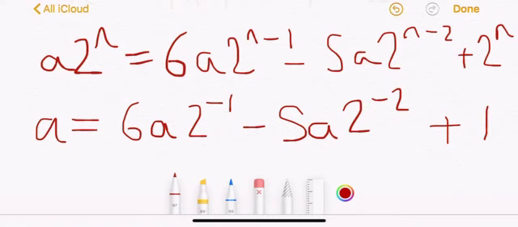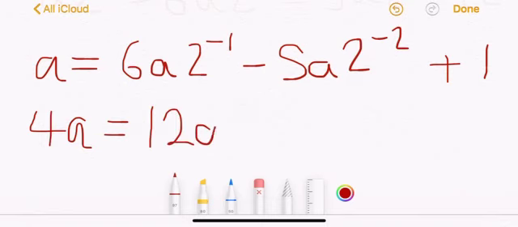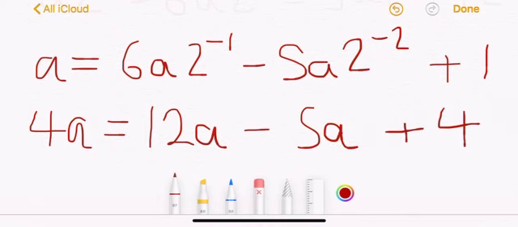Well, we could do this in terms of fractions, but it's probably going to be easier to multiply through by 2 squared, so multiply through by 4. So we're going to get 4a equals, well, 2 to the minus 1 times 4 is a half times 4, which is 2. So 6 times 2 is 12, so we get 12a. 2 to the minus 2 times 4 is 1, so we have 12a minus 5a plus 4, because we've done 1 times 4.